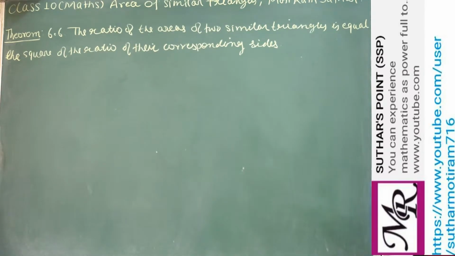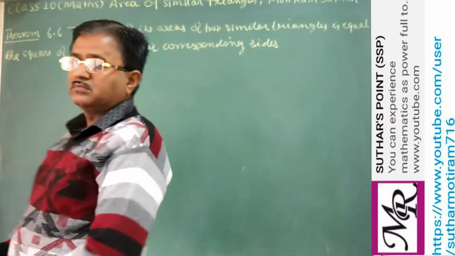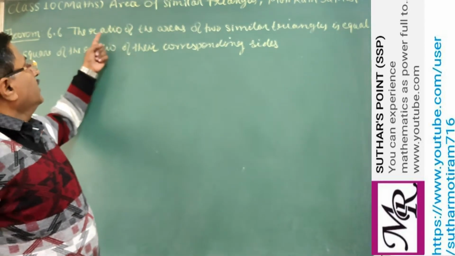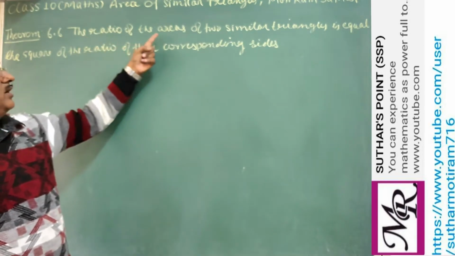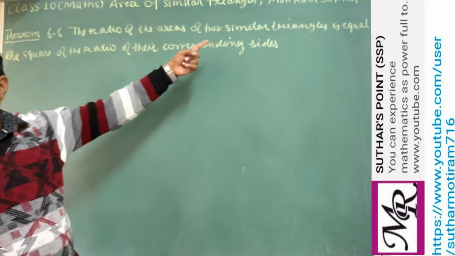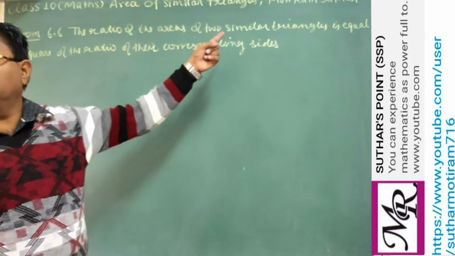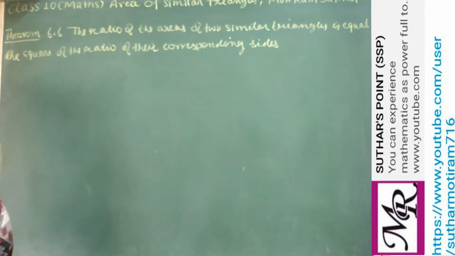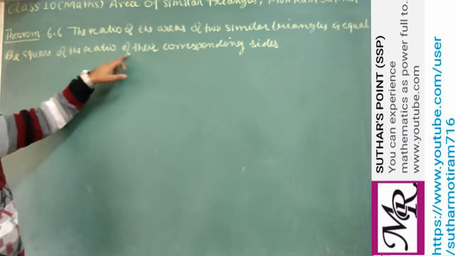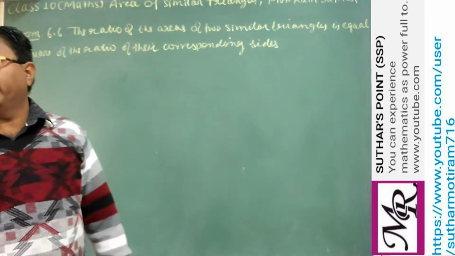So what is the statement of the theorem? This theorem is called the area of similar triangles. The statement is: the ratio of the areas of two similar triangles, meaning if we are given two similar triangles, then the ratio of their areas is equal to the square of the ratio of their corresponding sides.